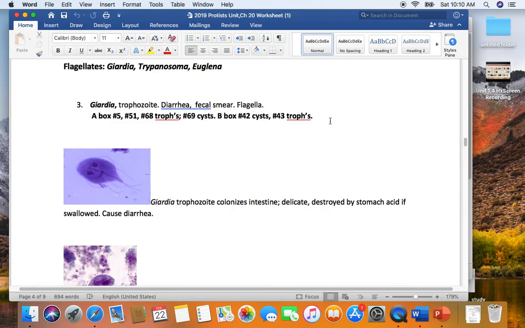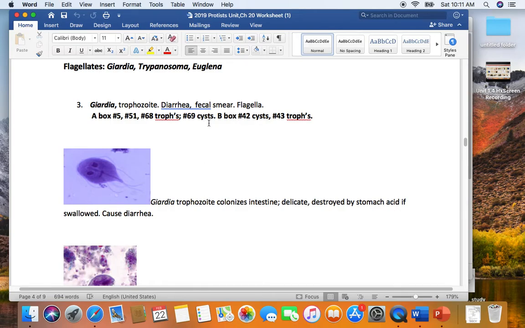All right. So we're going to be looking at fecal smears. And again, folks, on our lab exam, I'll only have examples of the trophozoites. So just like with Entamoeba histolytica, Giardia has two stages. It has a tough resistant cyst stage. This is the infectious stage.